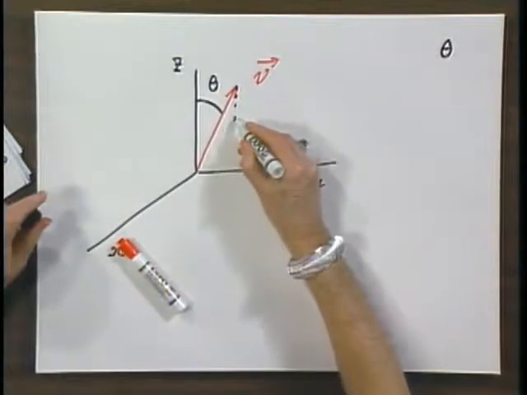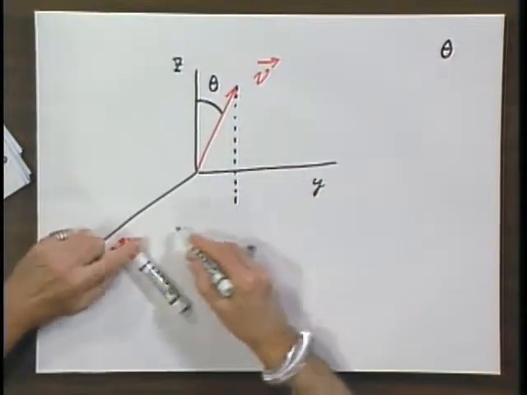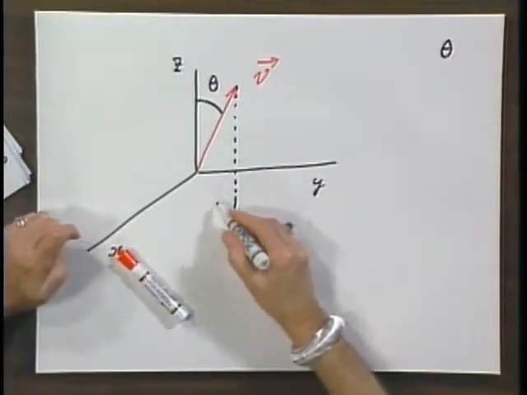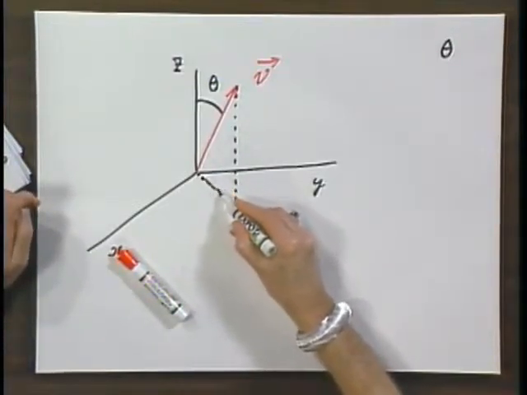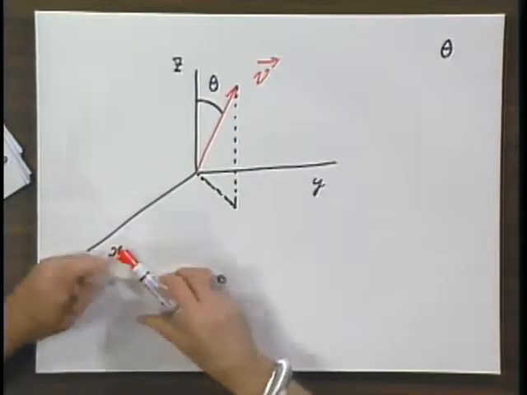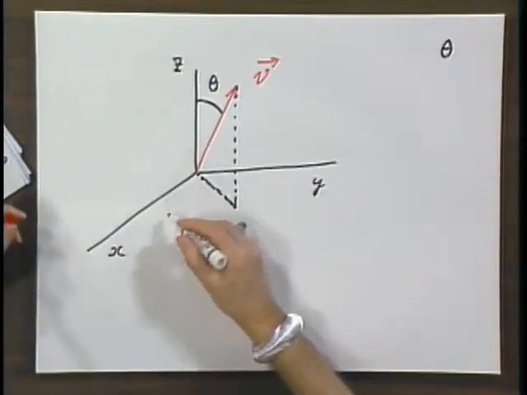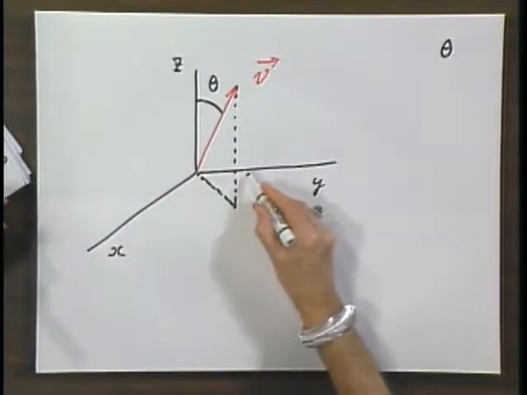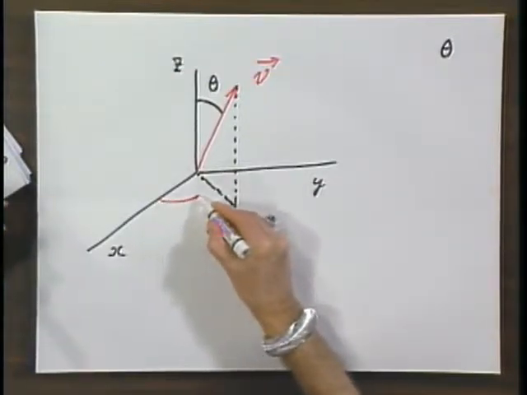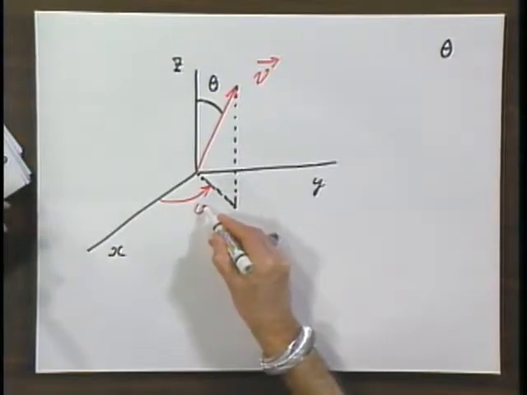If I project this vector v onto the xy plane, which this is the projection, I could then identify another angle measured from the positive x direction in the direction to the positive y direction, and I could call this angle phi.